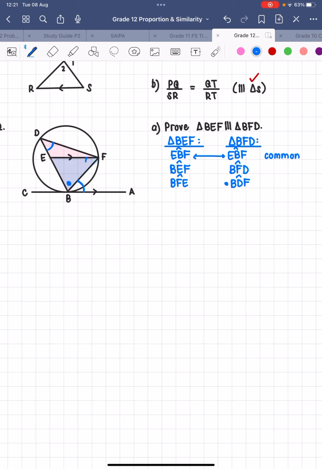So this angle is also going to be equal to BFE because of alternate angles. So there I have that these two angles, because they're both equal to ABF, have to be equal to each other. All right, so just on the side as a reminder, I'm just going to write ABF. That's how I know that those two are equal, because they're both equal to ABF.